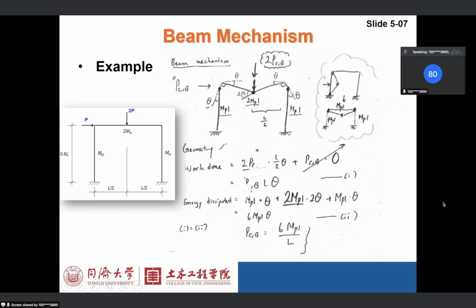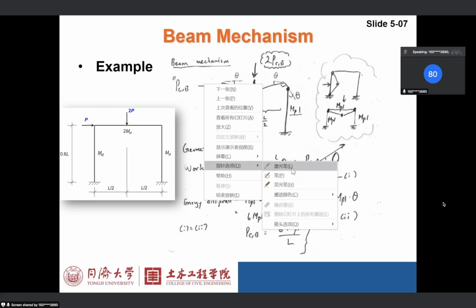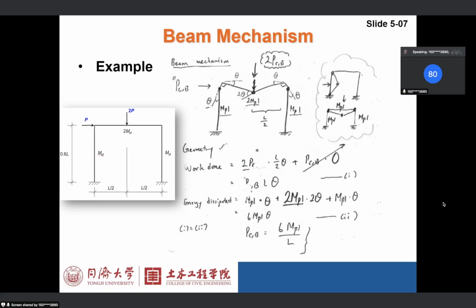How about energy dissipation? We have plastic hinges here, here, and here. The energy dissipation for this one is MPL, not 2 MPL, because the plastic hinges happen in the column. So in case somebody doesn't understand, plastic hinge happens here, happens here, and happens here.